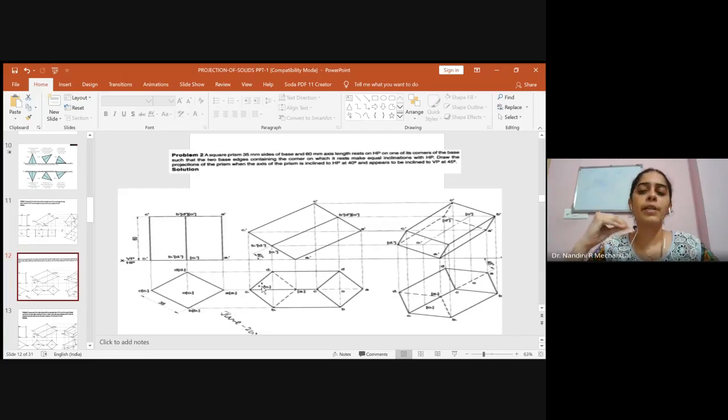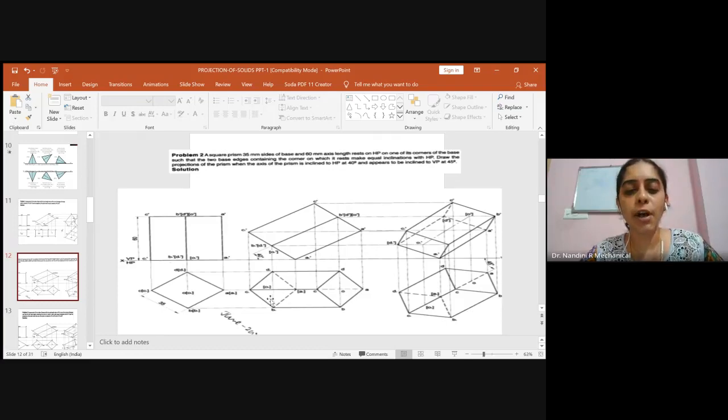After giving the naming, the next procedure is that we always join the outer boundary first, because whenever it is inclined to a particular position, some faces will be visible and some faces will be hidden. But the outer surface will not be hidden at any cost. So even blindly, closing your eyes, you can join the outer boundary without thinking anything.